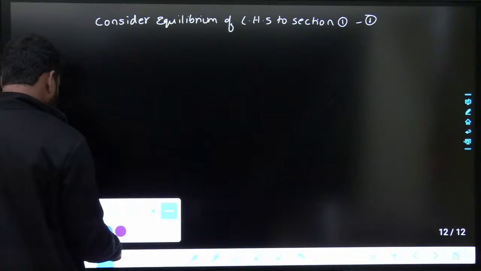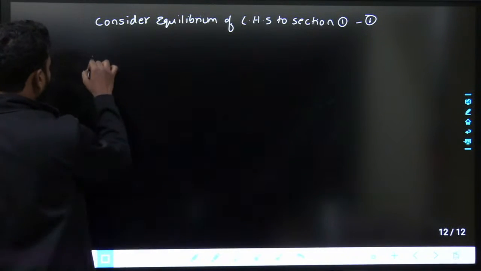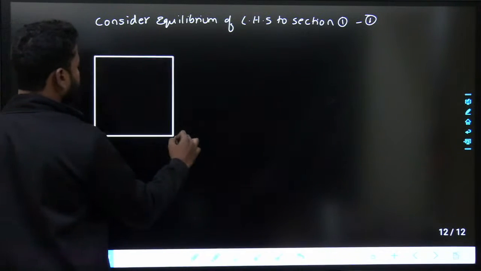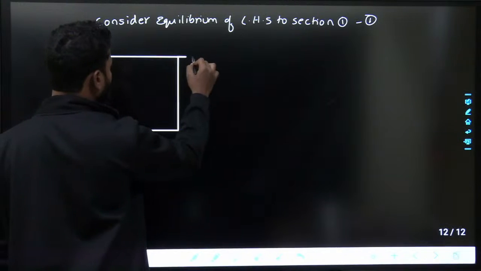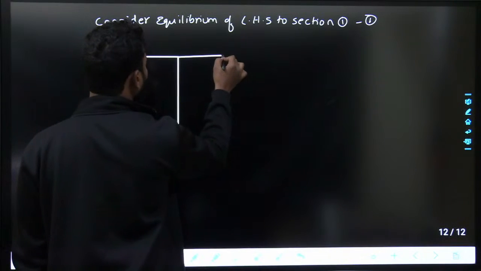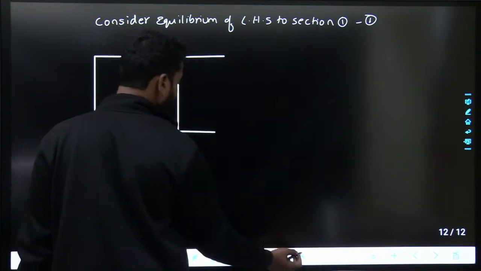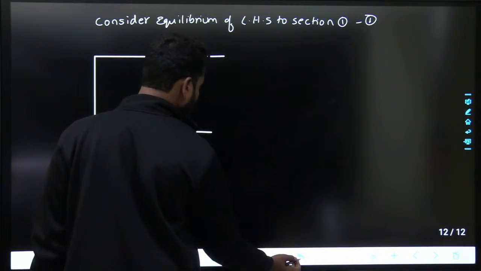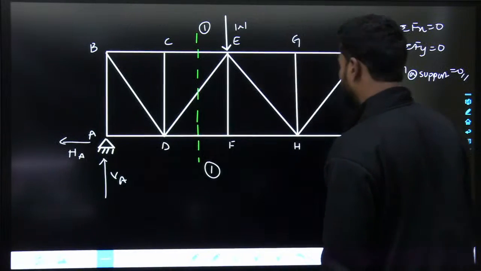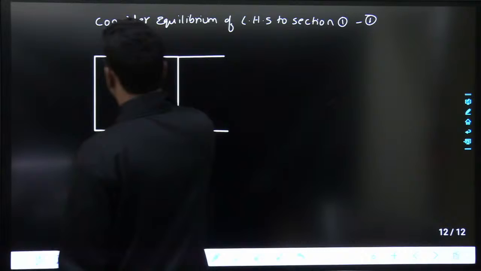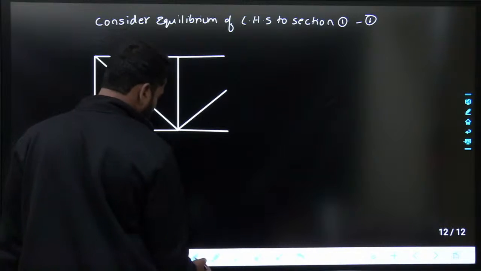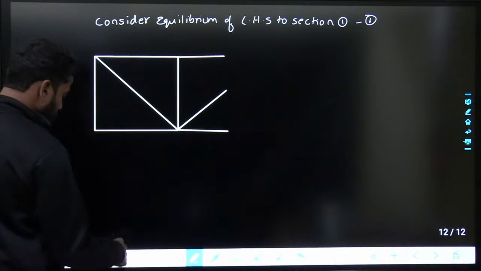So what exactly it means is, consider the equilibrium of section 1-1. So what exactly you'll get is, it will be something like this.